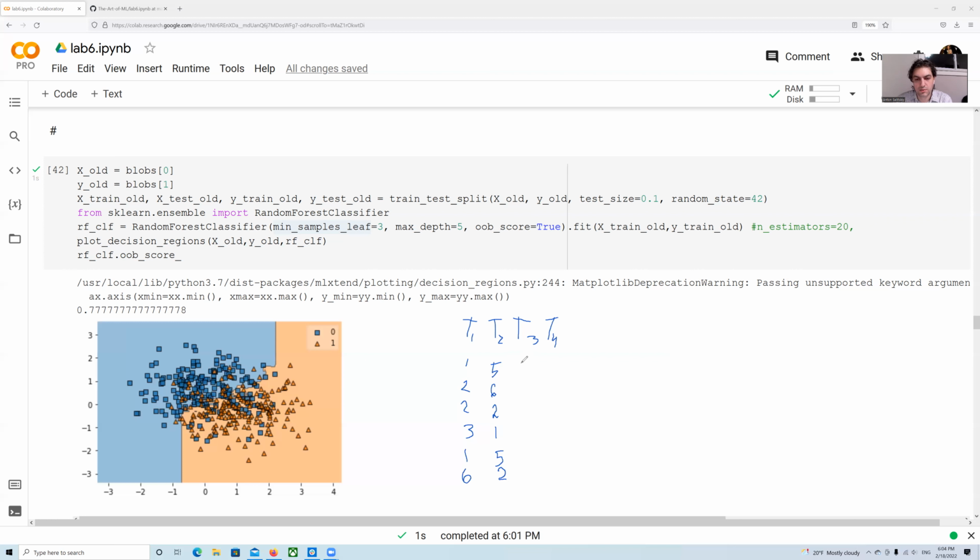Another tree was trained on the features 3, 1, 2, 5, 4. And the last tree was trained on features, let's say, 4, 3, 1, 1, 5, 2.